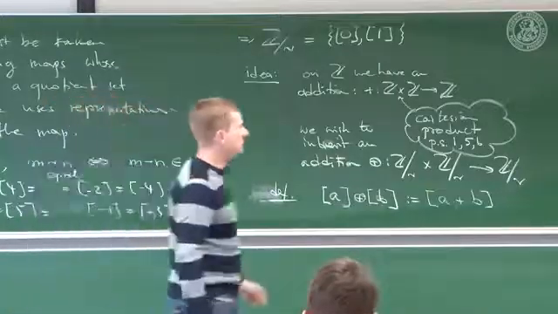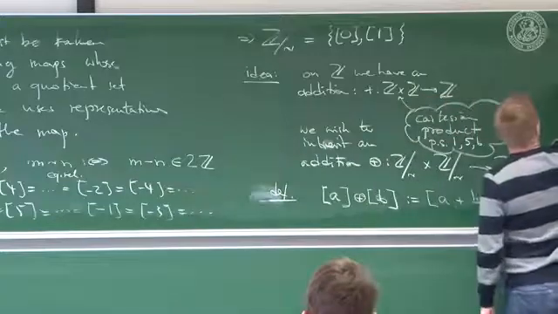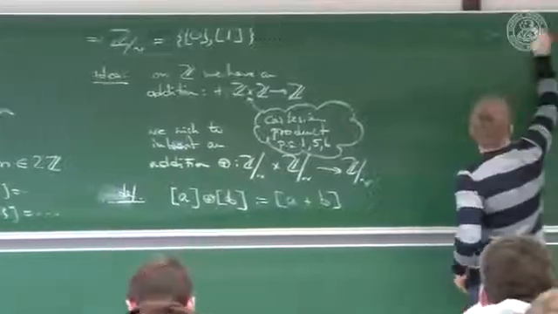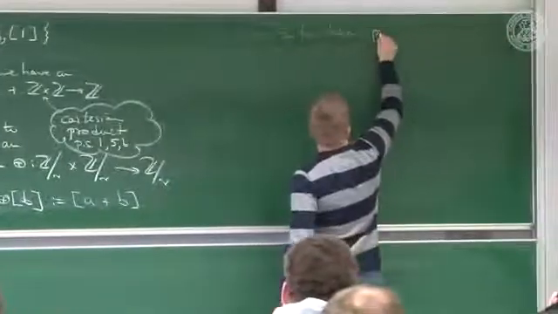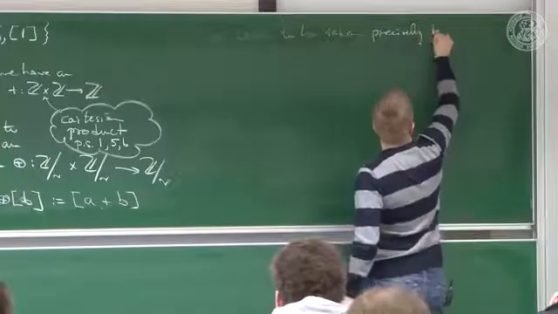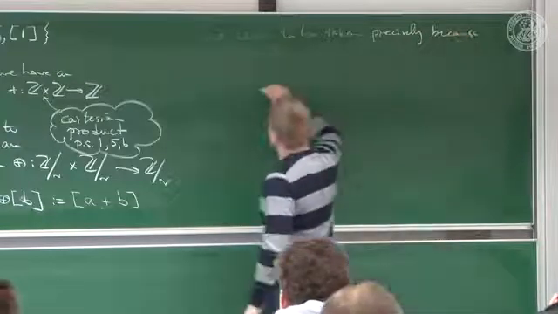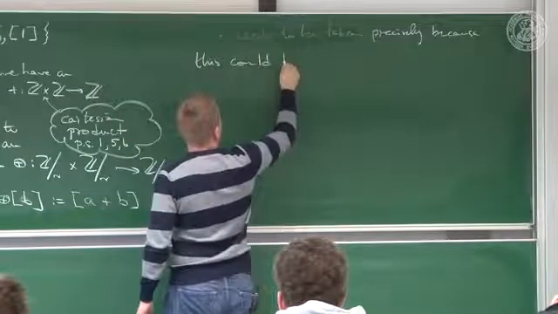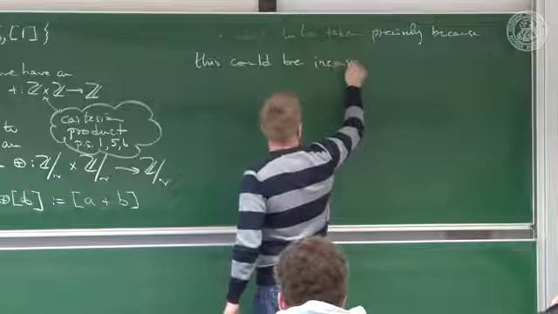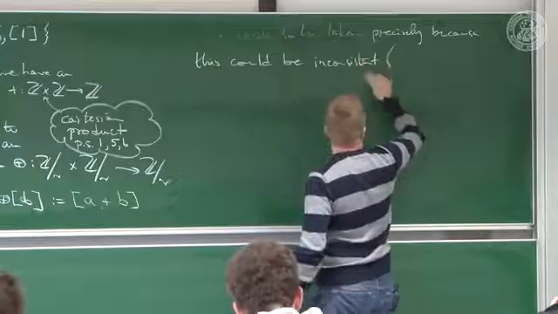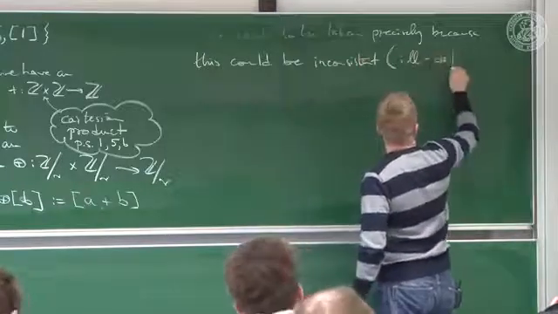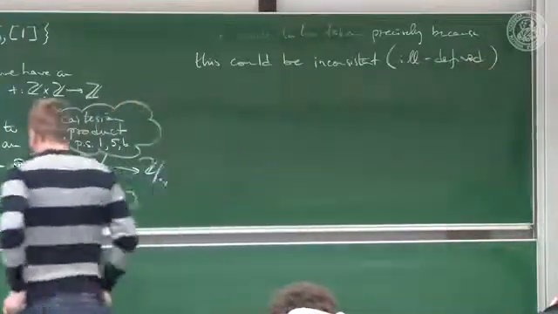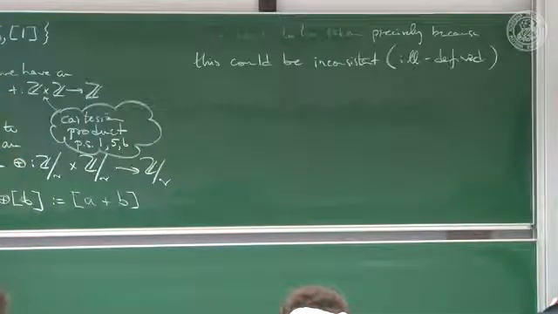Well, there is an issue with that, and care needs to be taken precisely because this could be inconsistent, and the technical term in these circumstances is ill-defined instead of being well-defined.